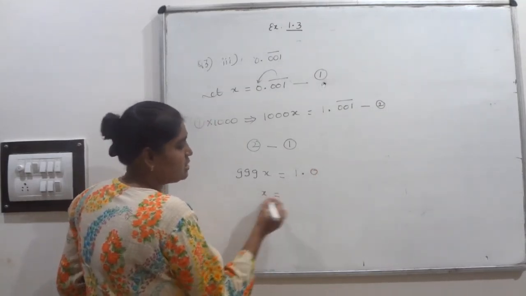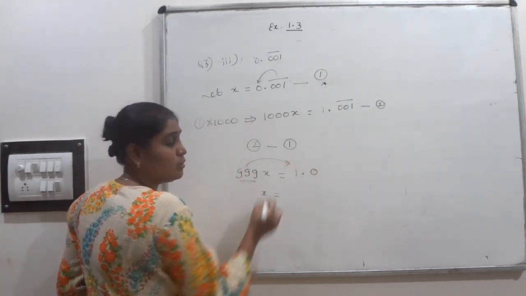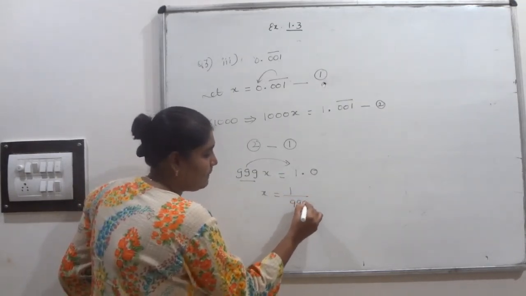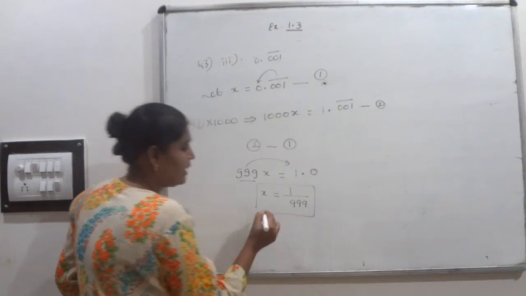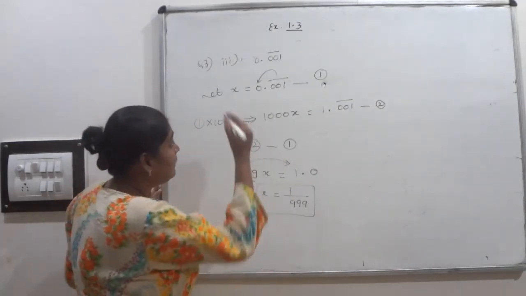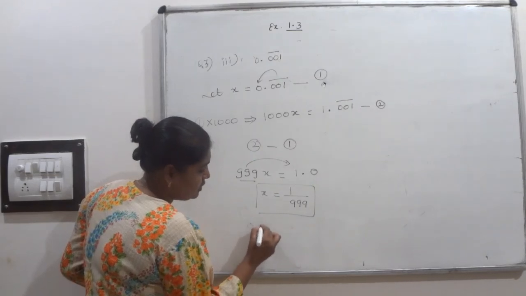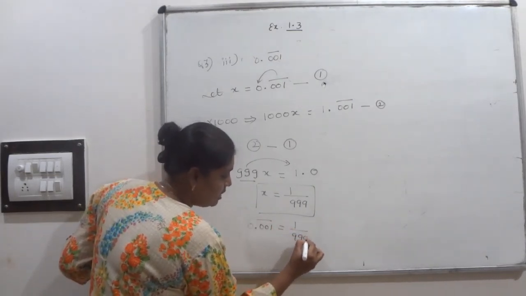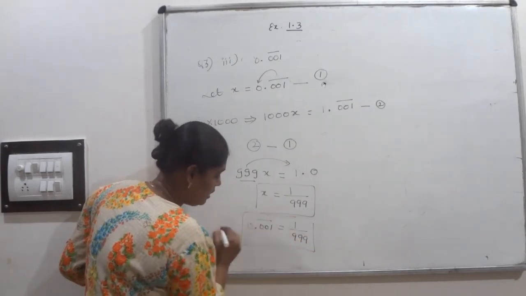So x equals 1 upon 999, multiplied by 999 goes to that side as divided by 999. So in P by Q form, 0.001 bar equals 1 upon 999. That is your answer.